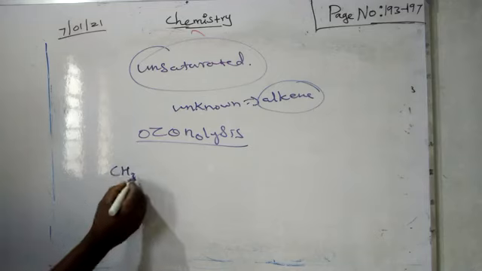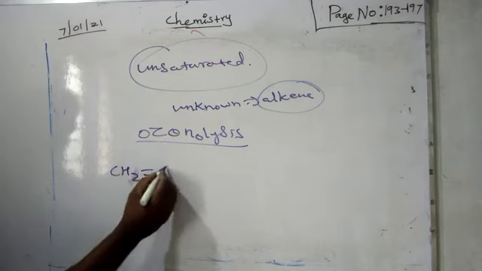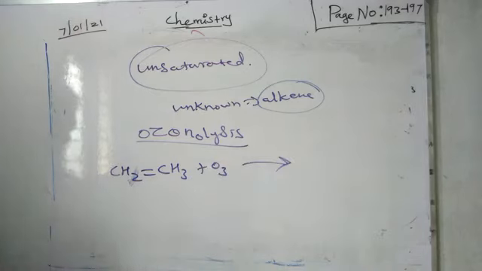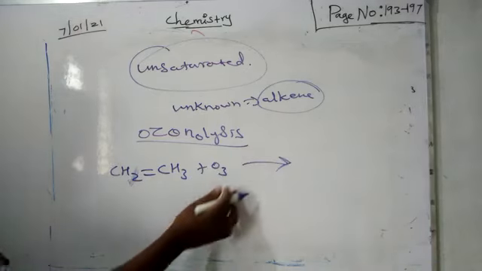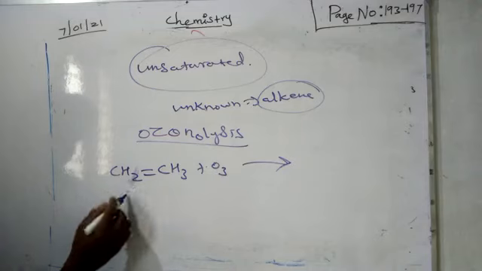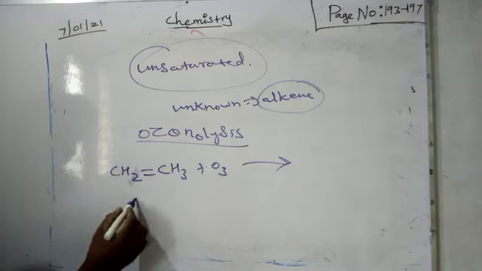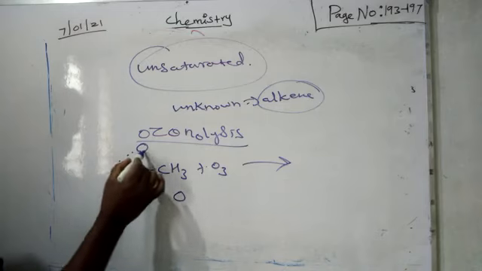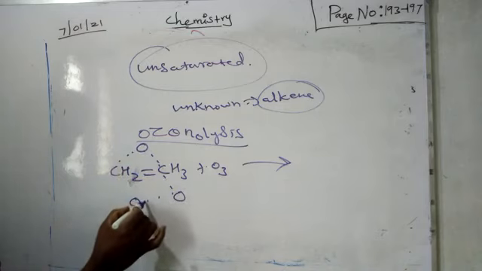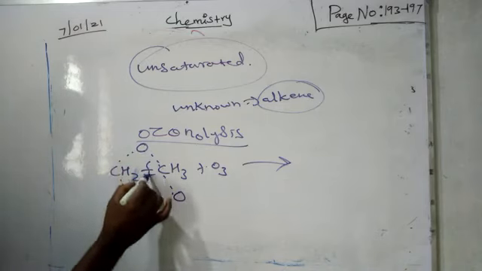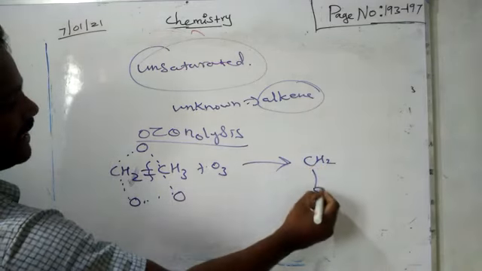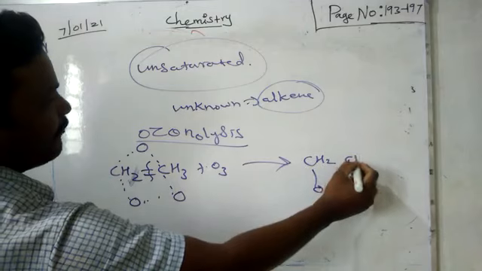What's the molecular formula for ozone? O3. It will form an intermediate from 3 oxygen: below the double-bonded carbon 2 oxygen, above 1 oxygen. You connect all the carbon and oxygens. Now the double bond will break, so we get one intermediate, the ozonide.